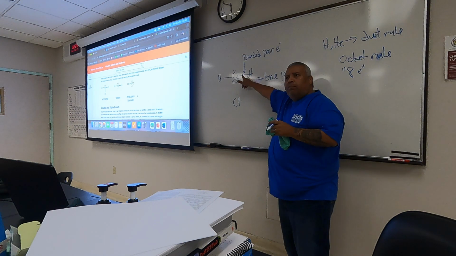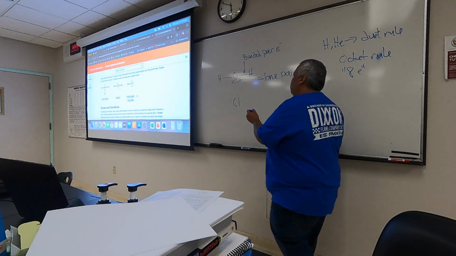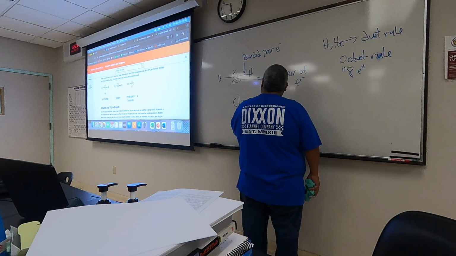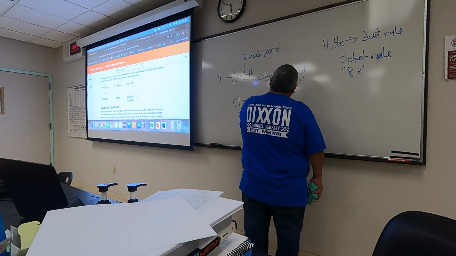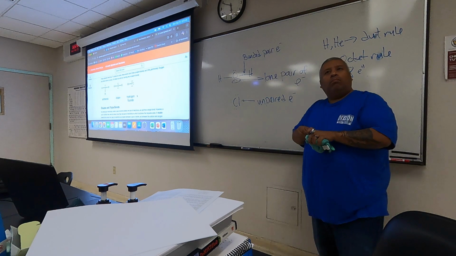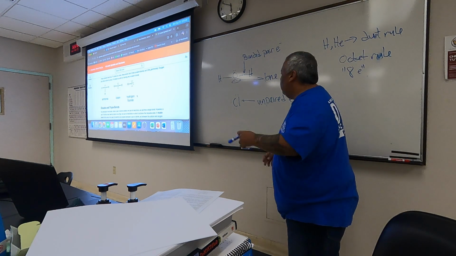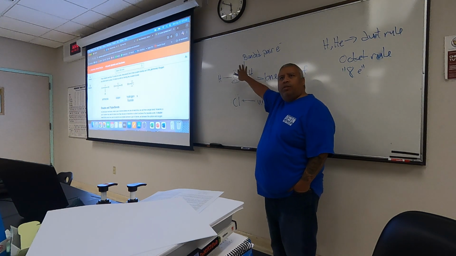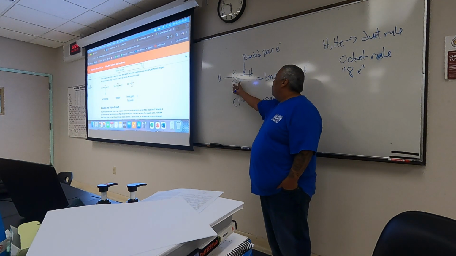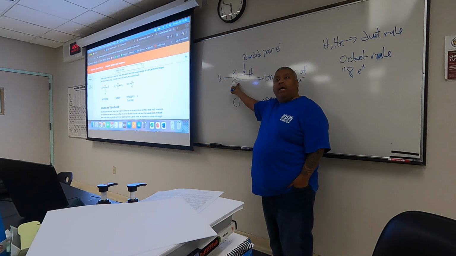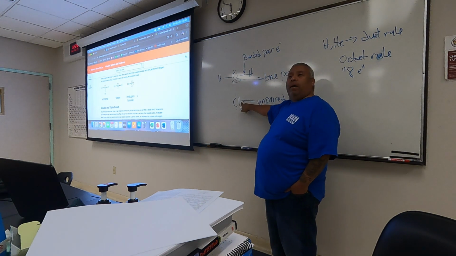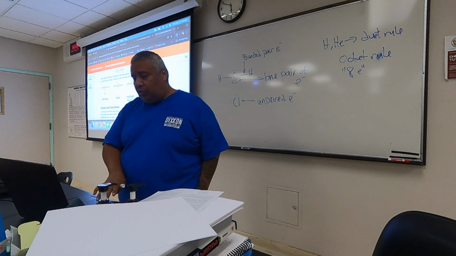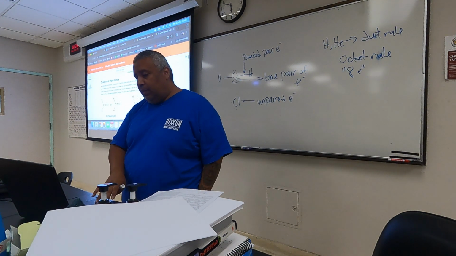So this is a bonded pair, this is a lone pair of electrons, and this here is an unpaired electron. So when we're describing these valence electrons, when I say a bonded pair, I'm talking about the pair of electrons that are in the bond. A lone pair is just a set of electrons that aren't bonded to anything. And then this is an unpaired electron. So we have different ways to describe these electrons as we see them.